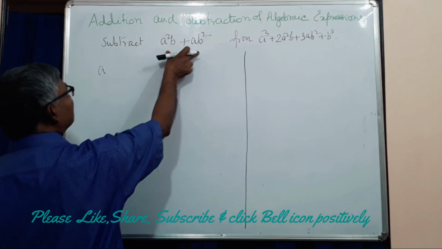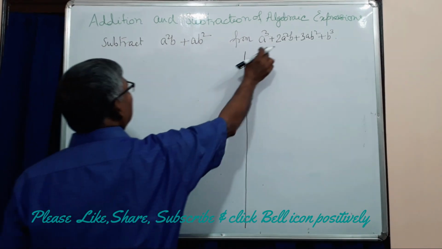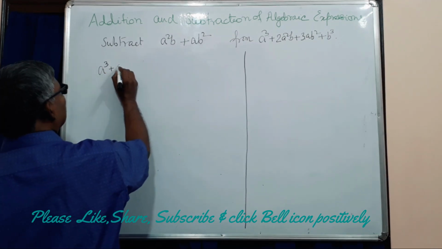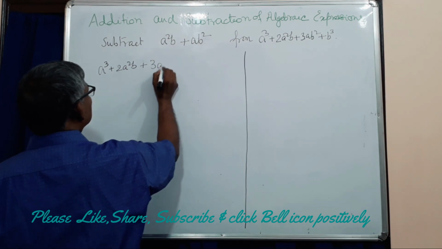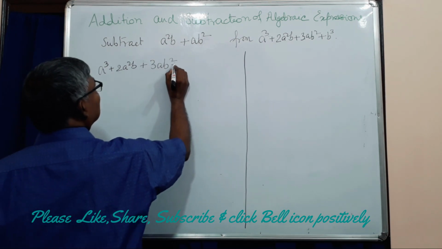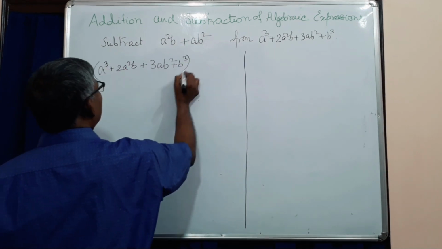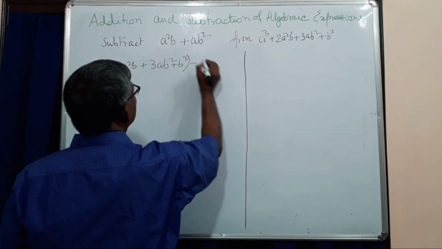Here we have to subtract this from that part. So it will be taken first a cube plus 2a square b plus 3ab square plus b cube. Then subtraction means minus of that.